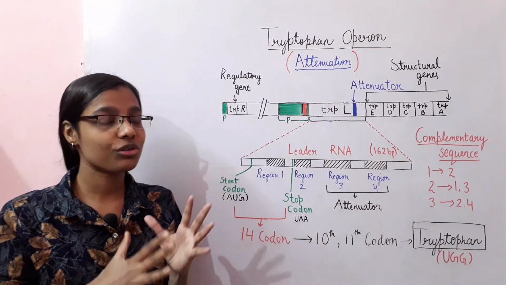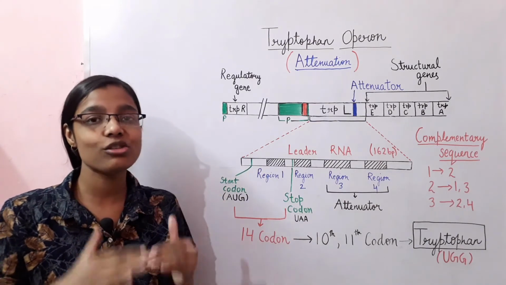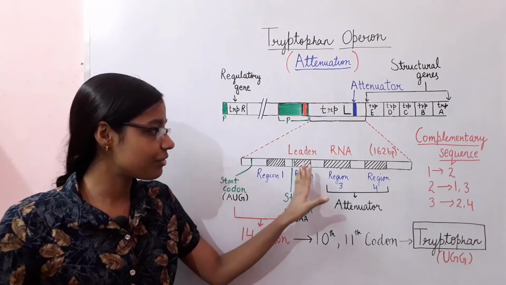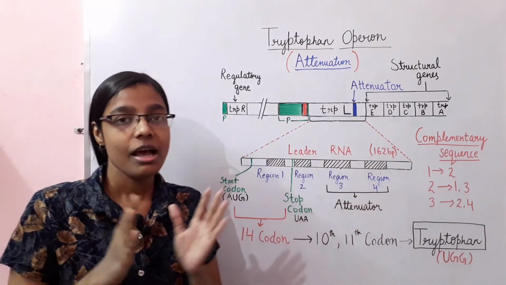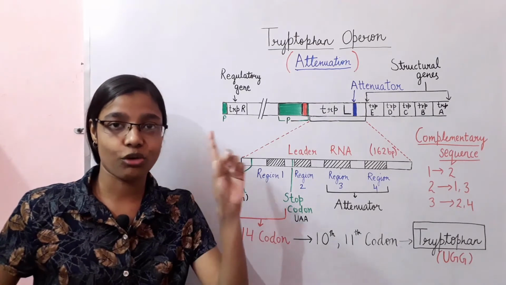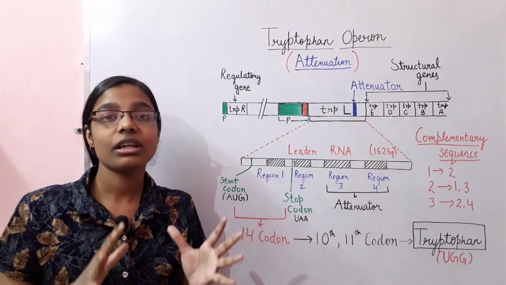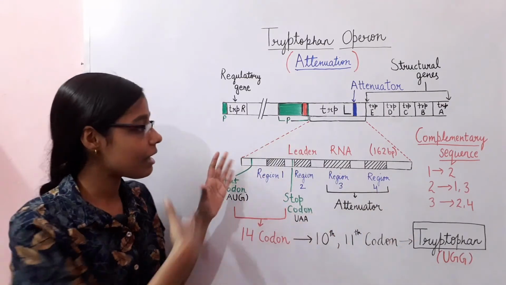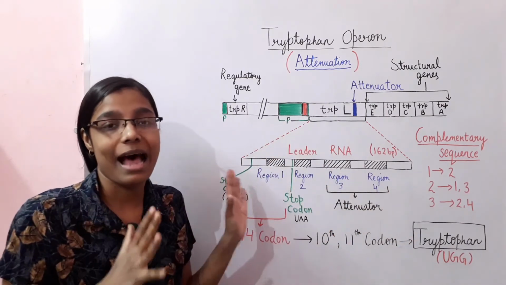Now we are going to discuss in detail how the levels of tryptophan control the formation of these loop-like structures. But you have to clearly understand the concept of transcription and the process of translation. After that, you will be able to clearly understand what is happening there.